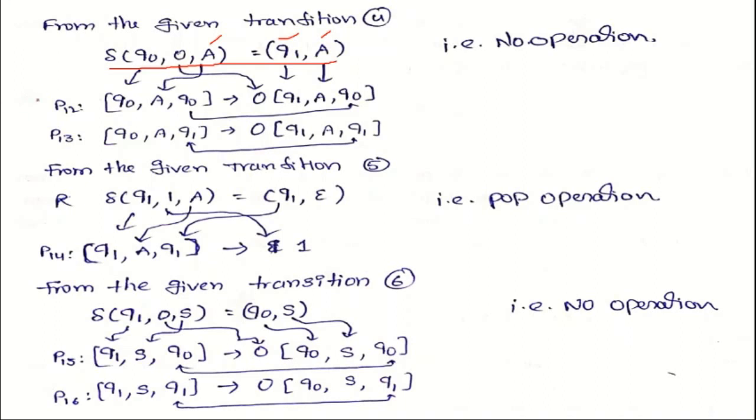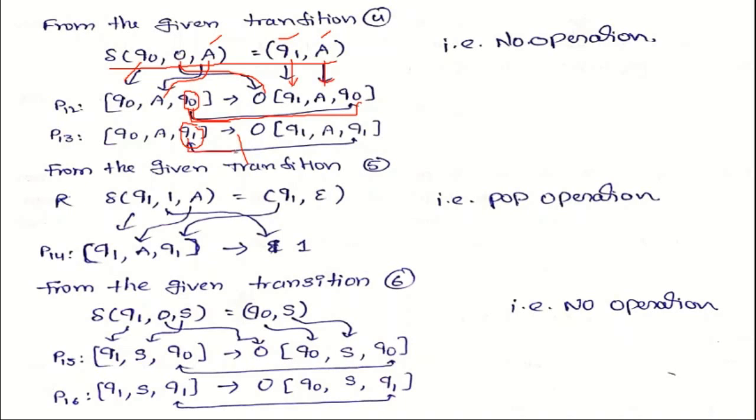So we will write the production rule related to this particular transition. Current state is Q0 and currently top of the stack is A, and for the next state we assume one time Q0, another time Q1. Then this input 0 carries to here, this state carries to here Q1, the top of the stack A will be copied to here, and whatever the next state is, the same state is carried to here.